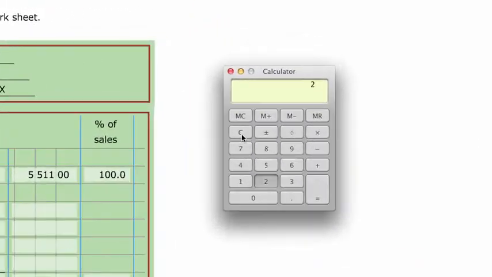So I'm going to take 2,181 divided by 5,511, and I get a decimal. And then when I multiply my decimal times 100, I find out that this was 39.57. I'm going to round up, so this is going to be 39.6%. So I'm going to enter that here.